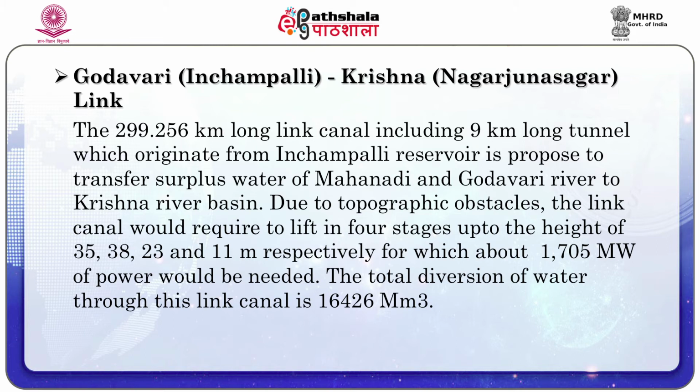The canal mostly passes through agricultural fields. Only about 35 kilometers passes through dense forest in the starting. Due to topographic obstacles, the link canal would require lifting in 4 stages up to heights of 35, 38, 23 and 11 meters respectively, for which about 1705 megawatts of power would be needed.